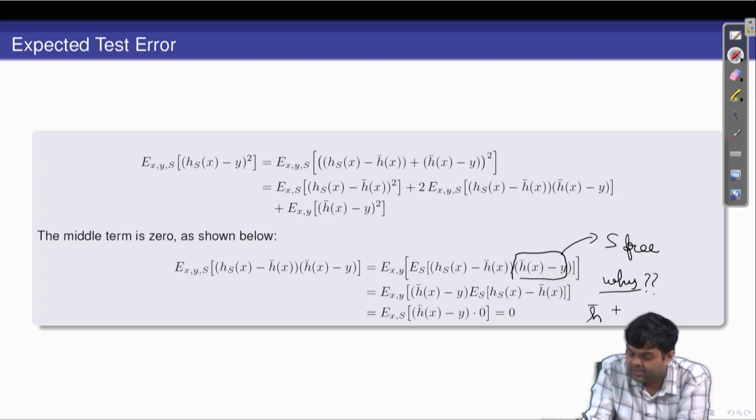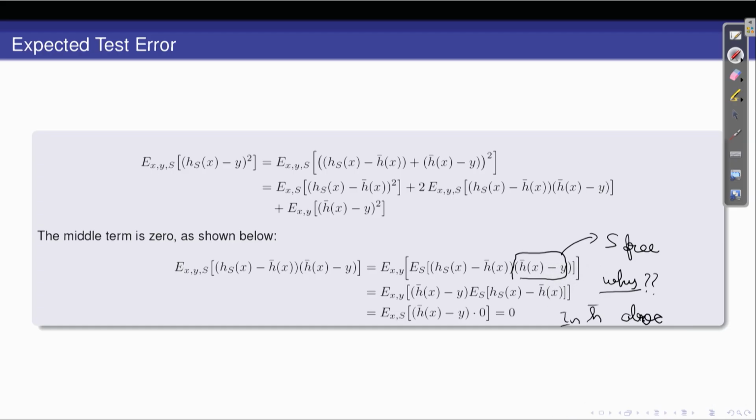In h bar, the S factor has been averaged out. The S factor in h bar has been averaged out.